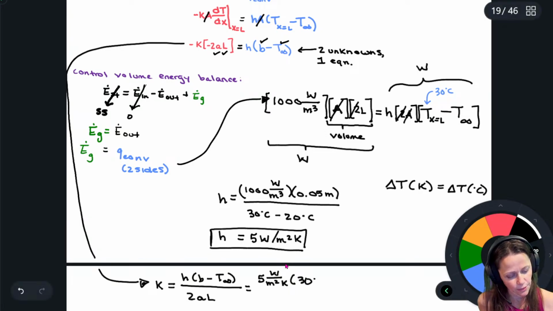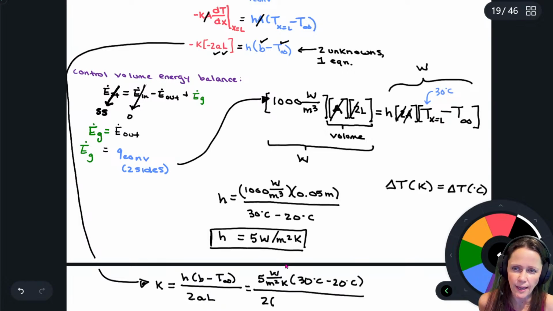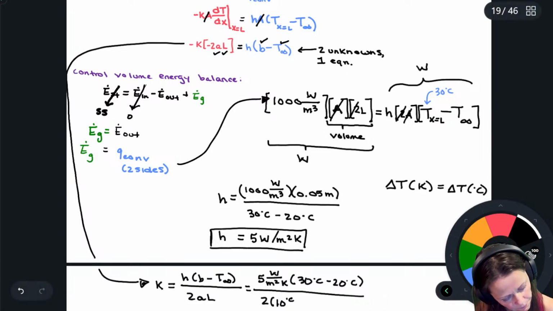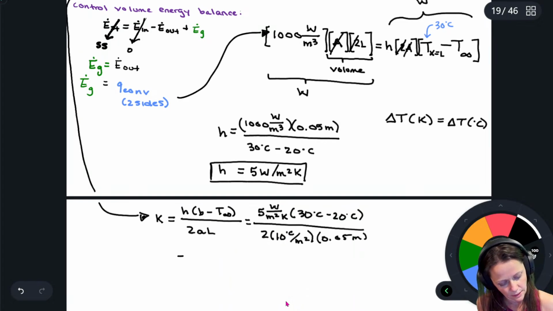All right, so we've got 30 degrees Celsius minus the 20 degrees Celsius on the top, and then 2 times A. A was 10 degrees Celsius per meter squared, times L, which was 0.05 meters. I'm sorry, I'm sure that's hard to see.